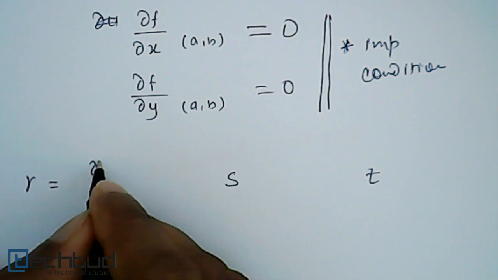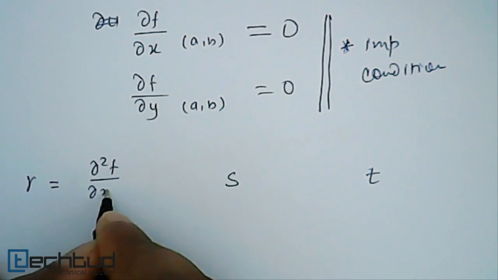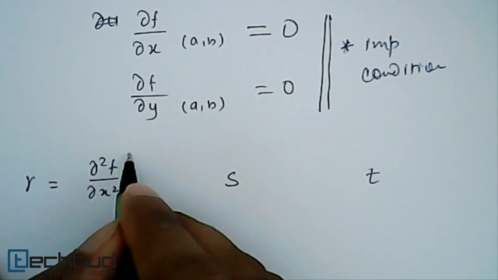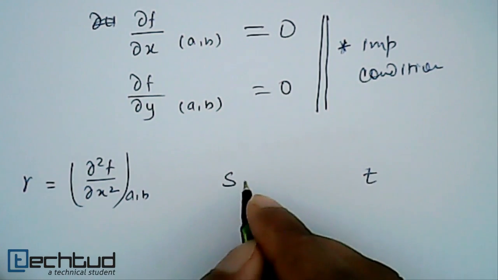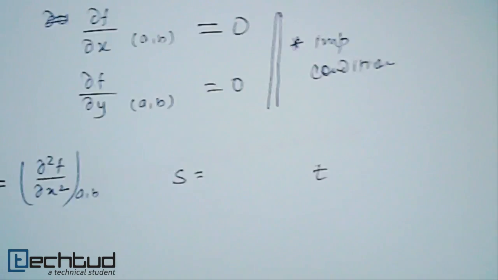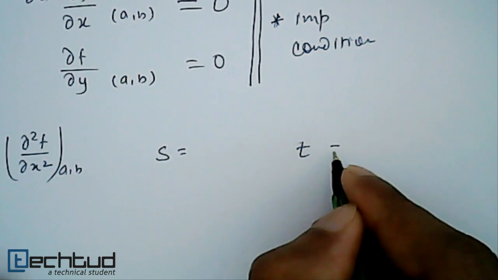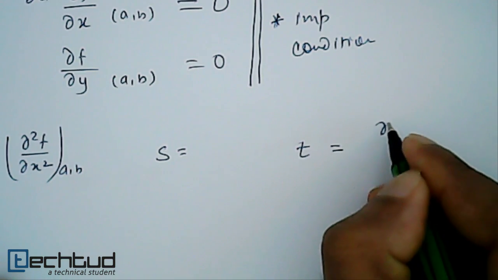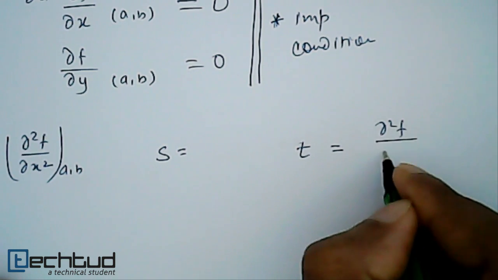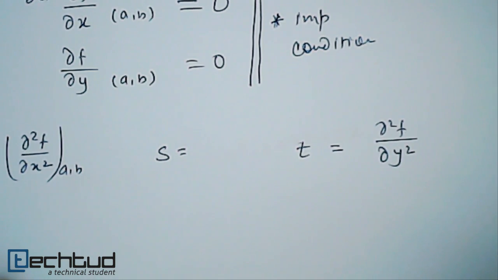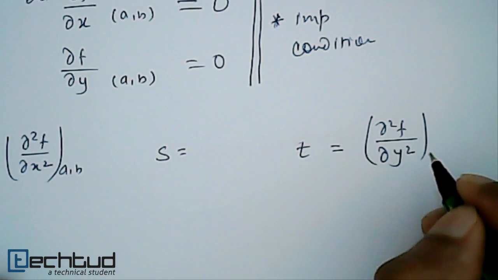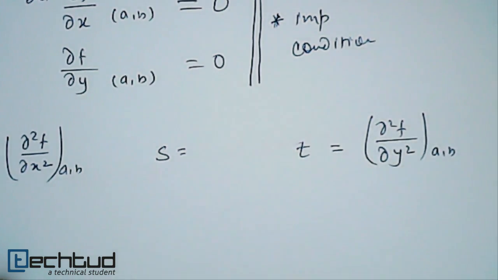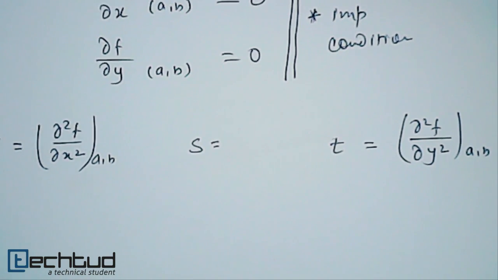So it will be equal to del square f upon del x square, at AB. Fine. Now s is something different. Let's come to t first. So t will be again double differentiation, del square f upon del y square, at AB.